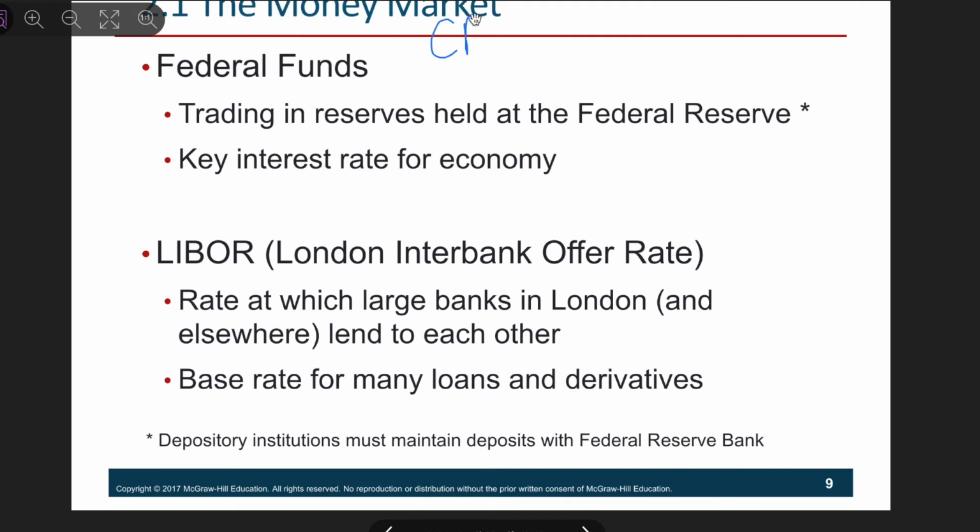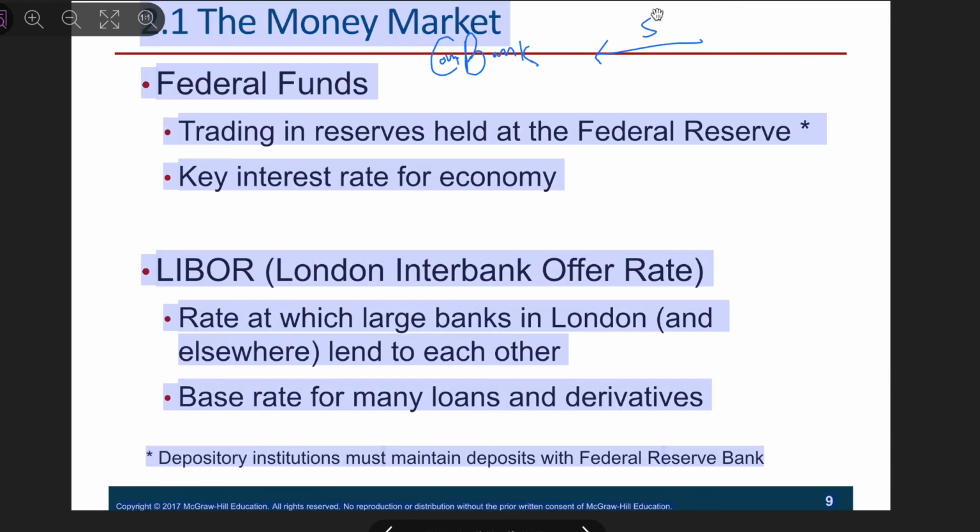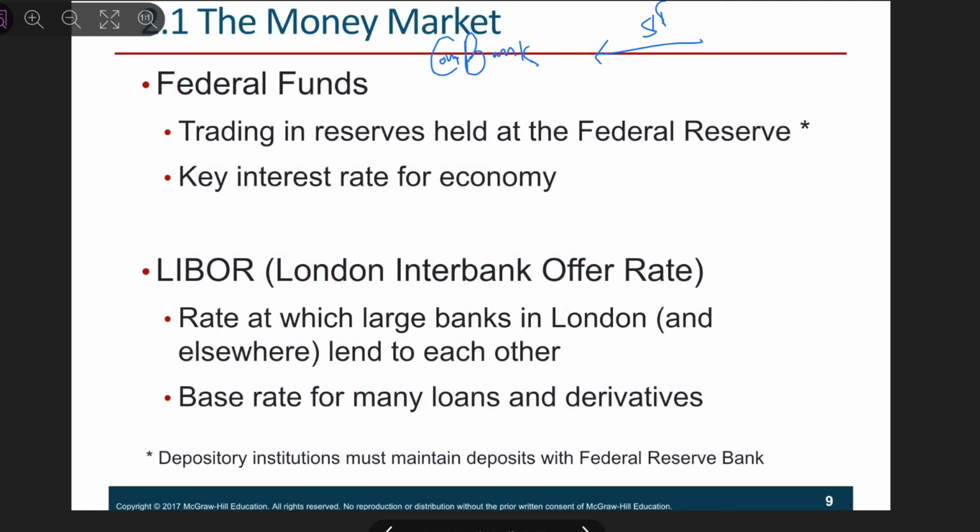So the commercial bank borrows money from investors, and they lend it to corporations or companies, right?